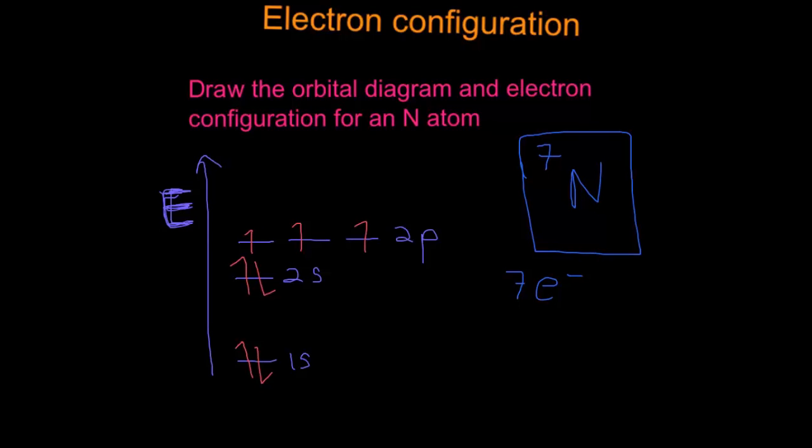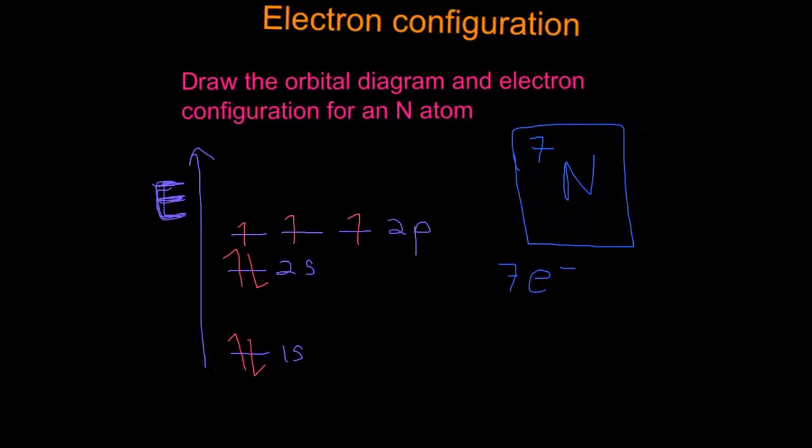And if we're to draw out the electron configuration, it's almost exactly the same as doing the orbital diagram. It's just going to be 1s2, indicating that we have 2 electrons in our 1s orbital, 2s2, 2 electrons in our 2s orbital, and then 2p3.